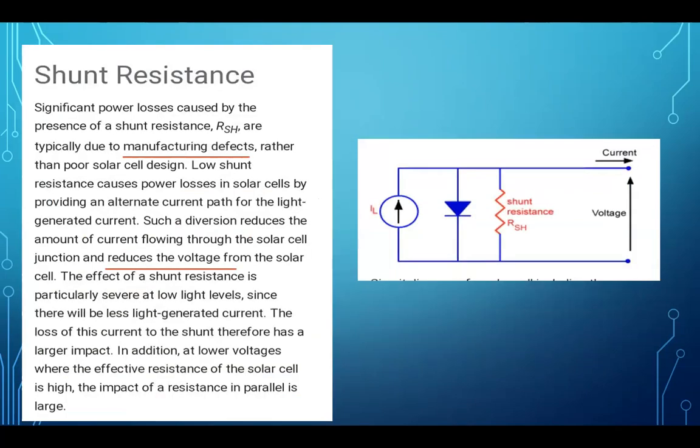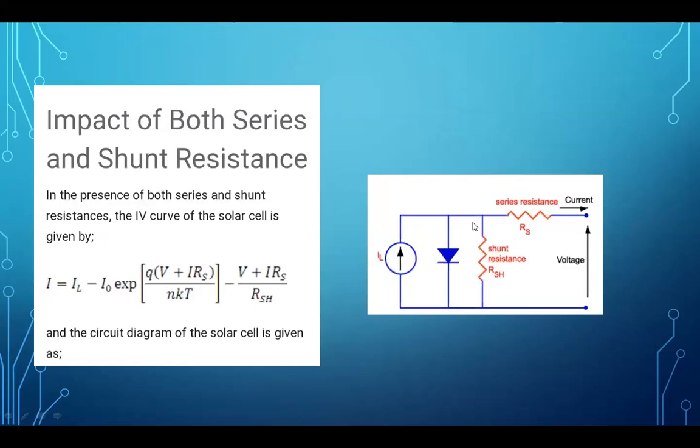The shunt resistance is mostly because of defects as they make these cells, and it is represented by a resistance in parallel with my diode.